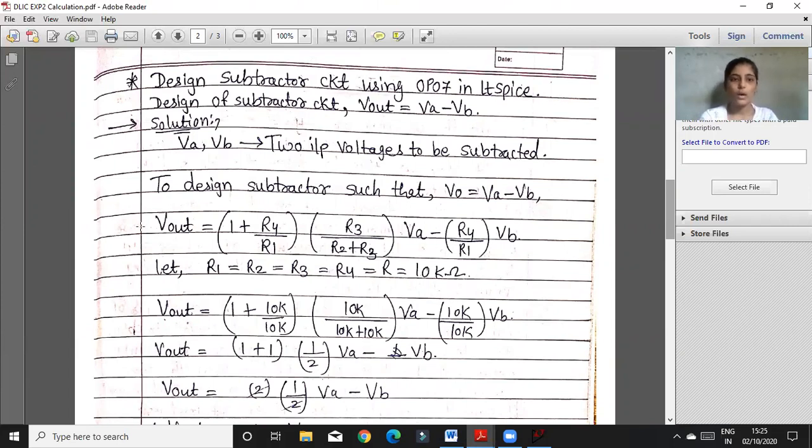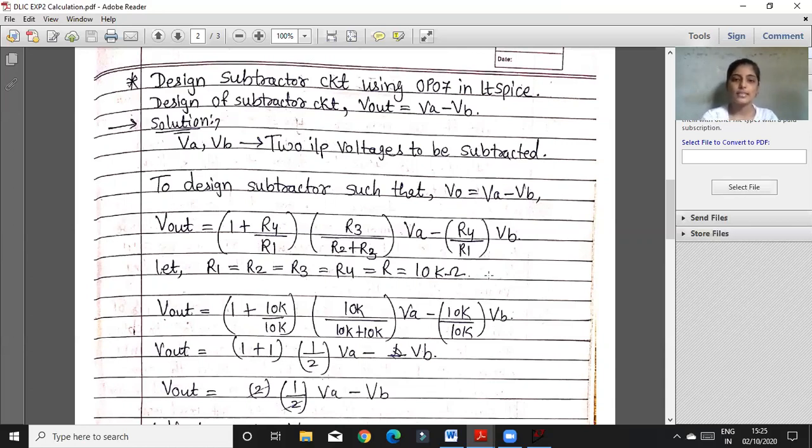The V out equation is V out equals (1 plus R4 by R1) into (R3 upon R2 plus R3) into VA minus R4 upon R1 into VB. So let R1 equal R2 equal R3 equal R4 equal R.